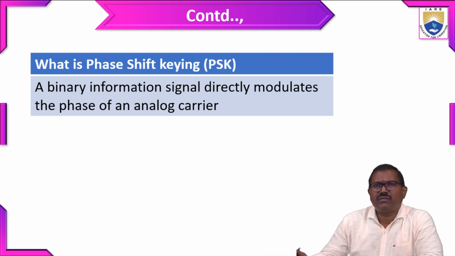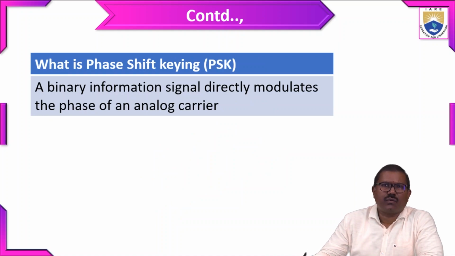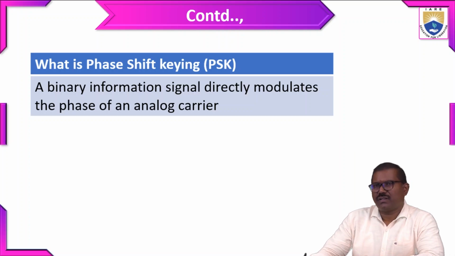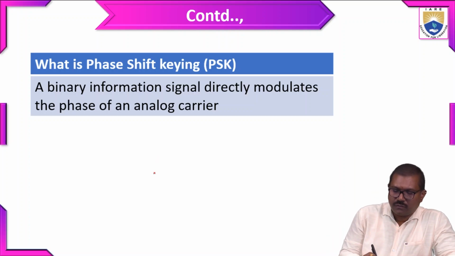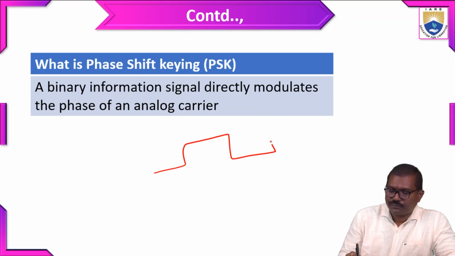And another one is the PSK. What is phase shift keying? A binary information signal directly modulates the phase of an analog carrier. Here also, for example, 1, 0 and this one also 1.